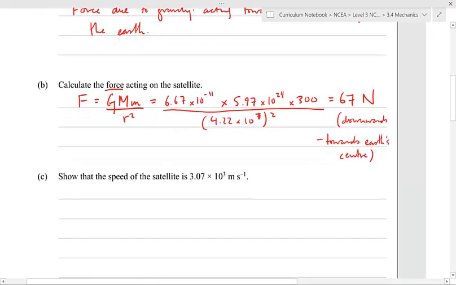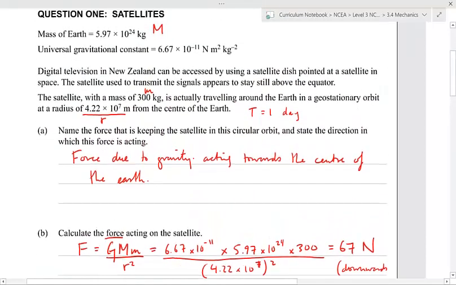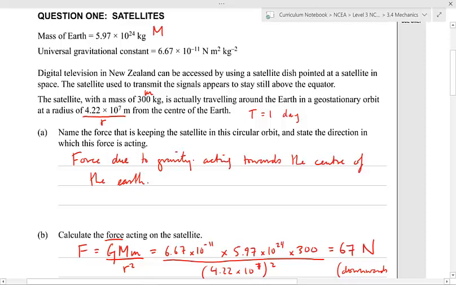C says, show that the speed of the satellite is 3.07 times 10 to the 3 meters per second. Okay, and we have two options here.